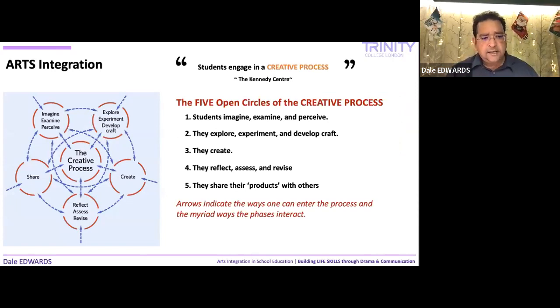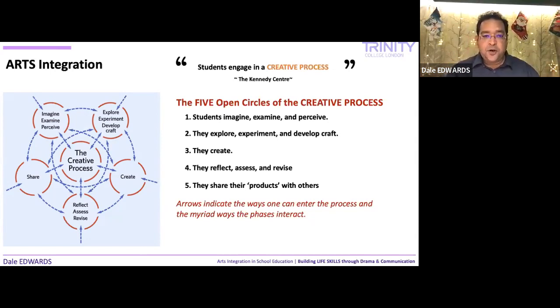As you can see through this drawing, there are many descriptions, and the one over here is a synthesis of ideas from many sources. But the most important thing to understand in this creative process is that all these circles are virtually open. So at one point, you could be imagining and sharing, or you could be imagining and experimenting and exploring, or there could be imagination and reflection.